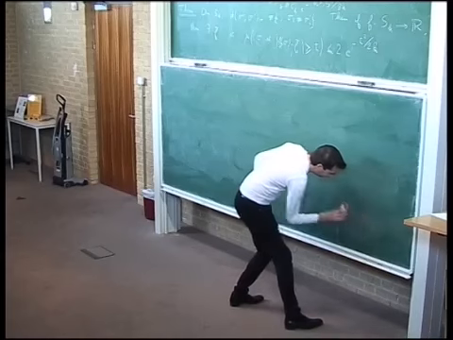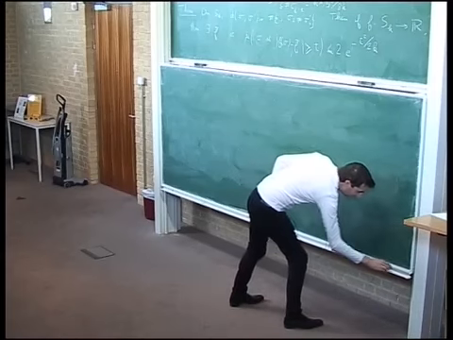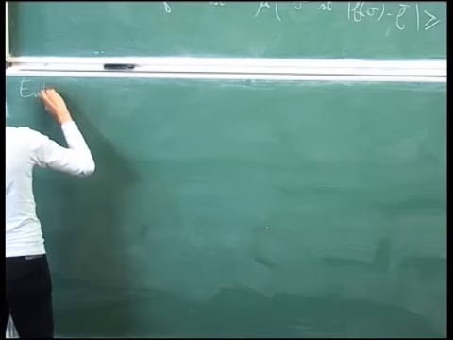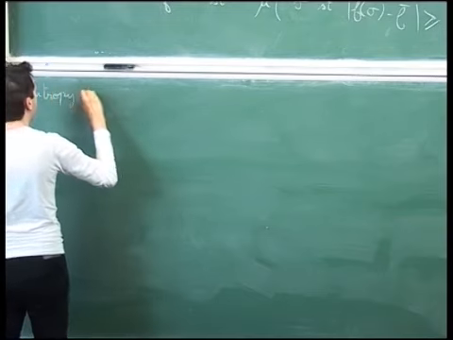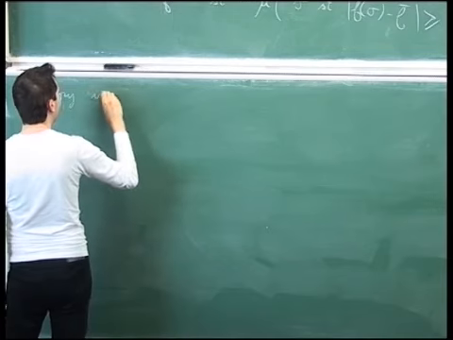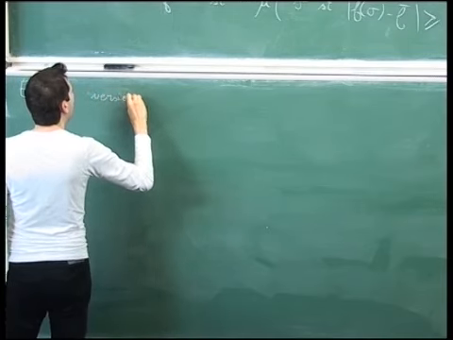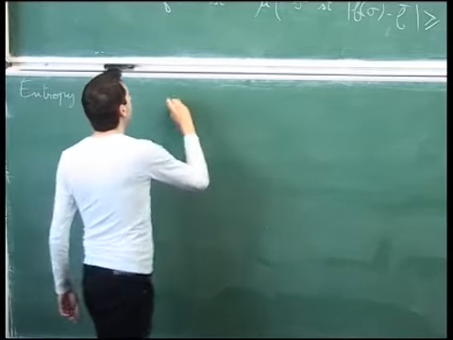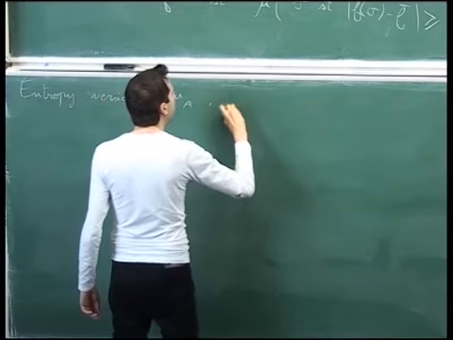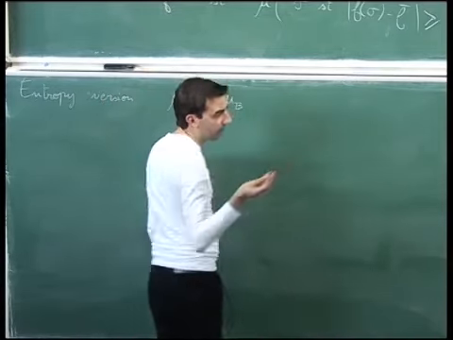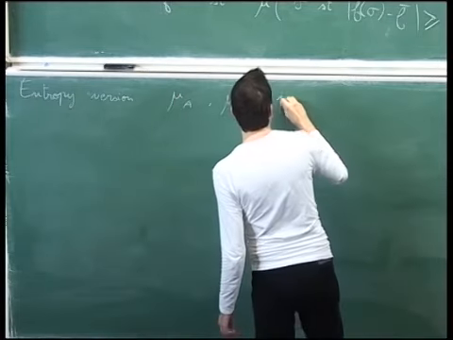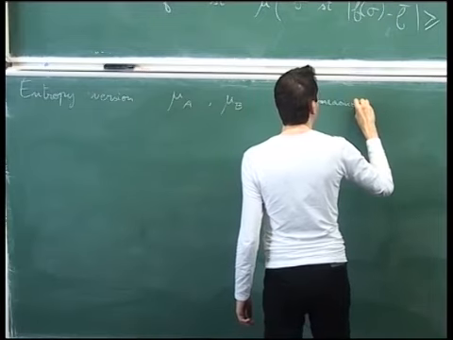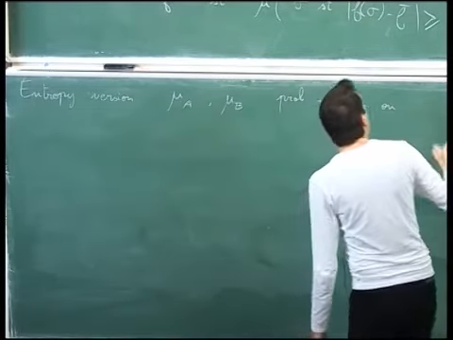It's an entropy version of the inequality. So now I'm going to take two measures, mu A and mu B, two normalized measures, so probability measures, on the discrete cube.